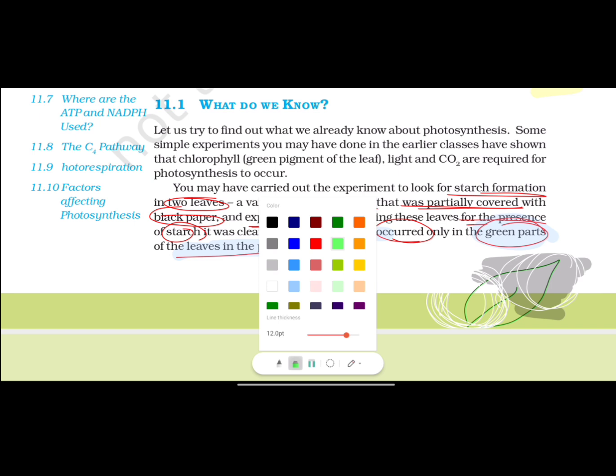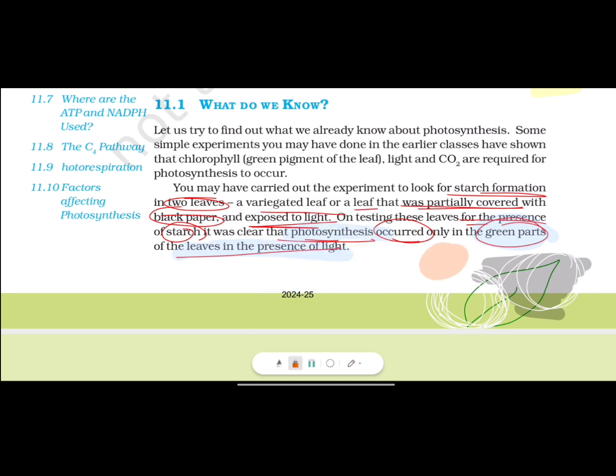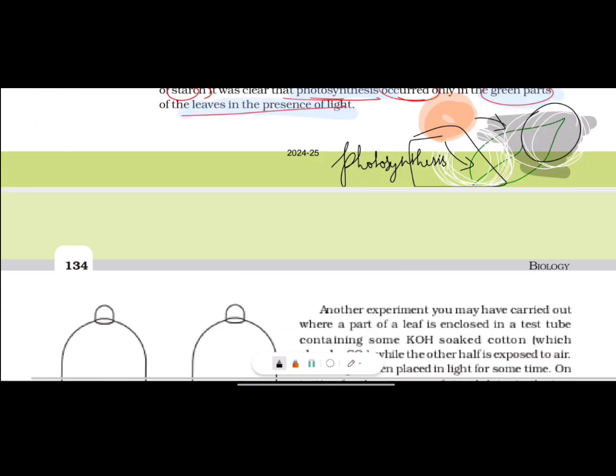The light comes from here to here, and thus it results in the process called photosynthesis. But in the part which was covered by the black cloth, photosynthesis doesn't take place.